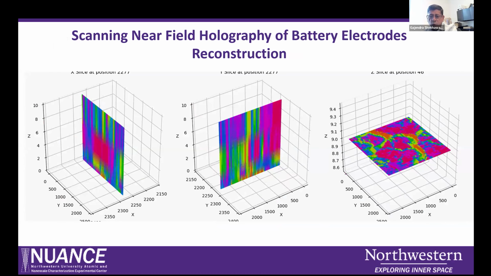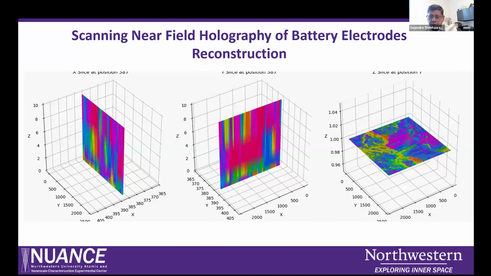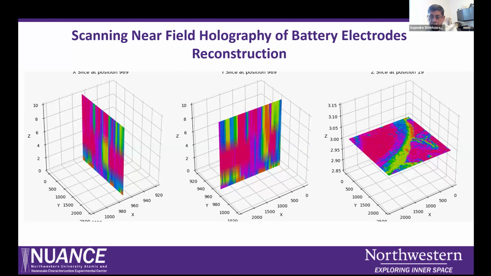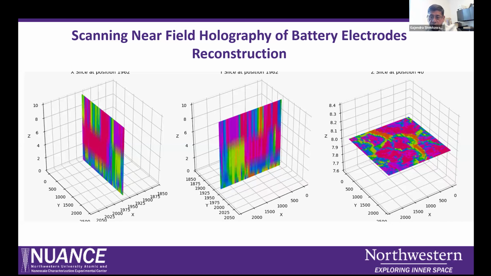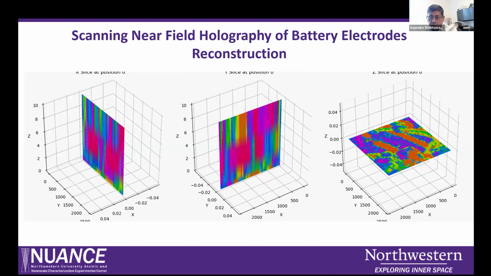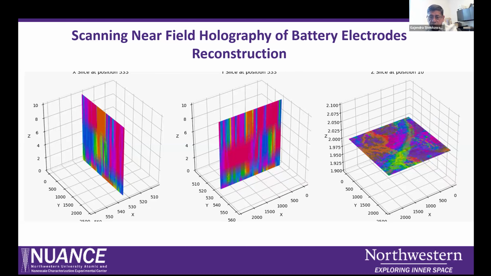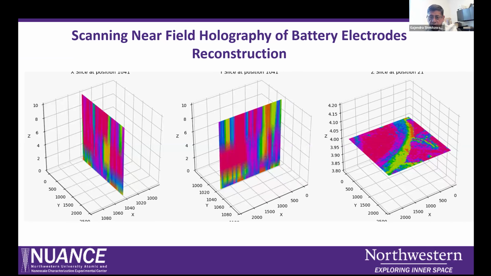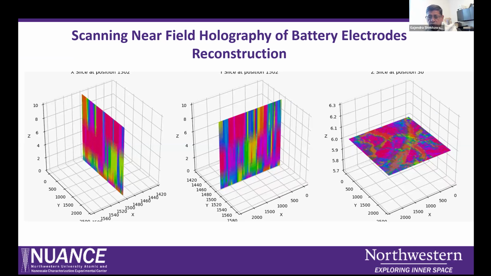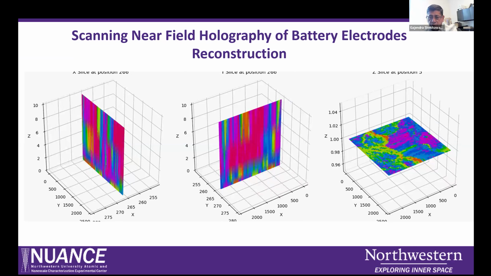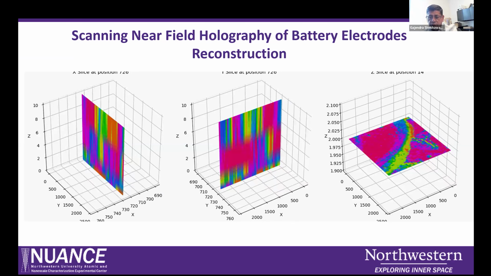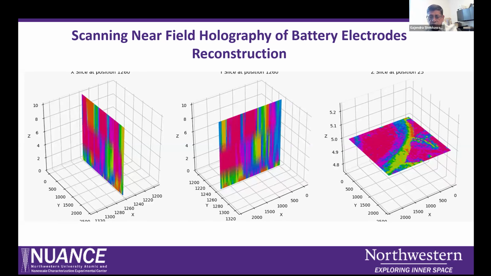As we go to different depths, you can see this is a reconstructed image, layer by layer. You can see how the contrast of different layers changes, or the mechanics changes, because when the stiffness changes across different layers, the contrast changes. So as you go from 1 micron to 10 microns below the surface, you can see how these mechanics change.